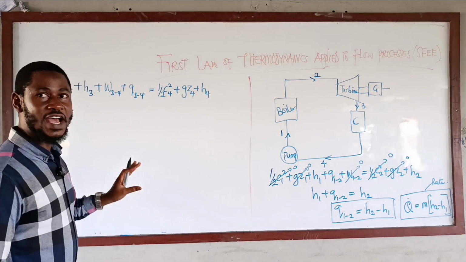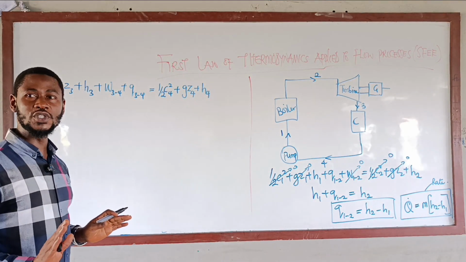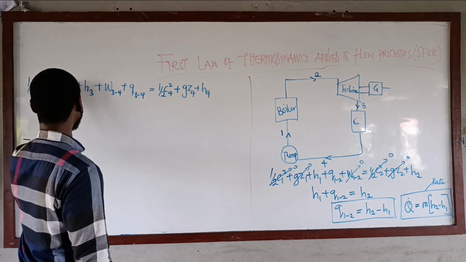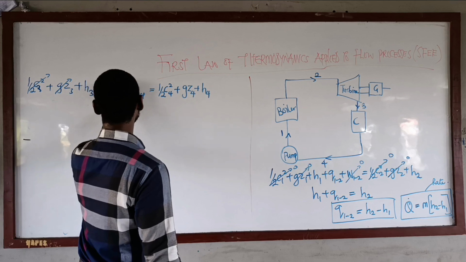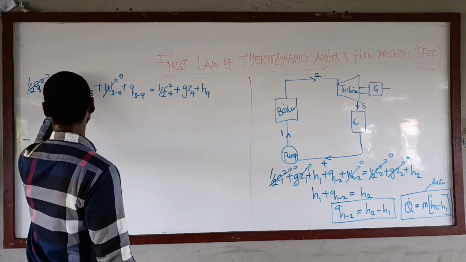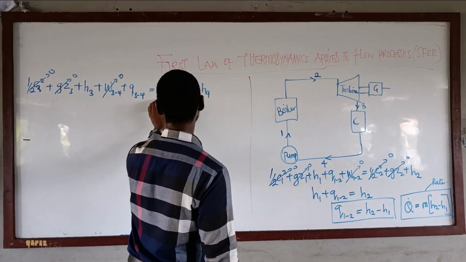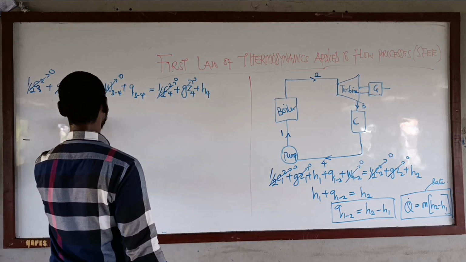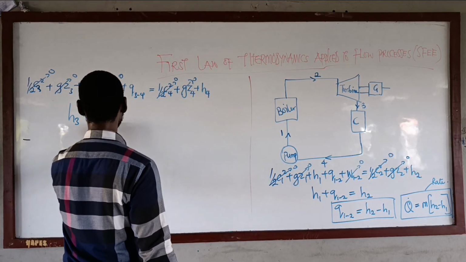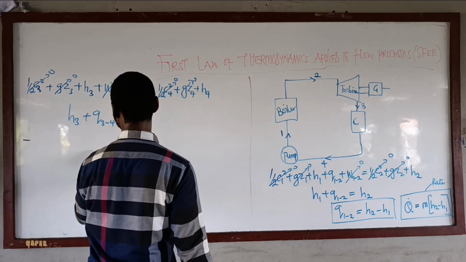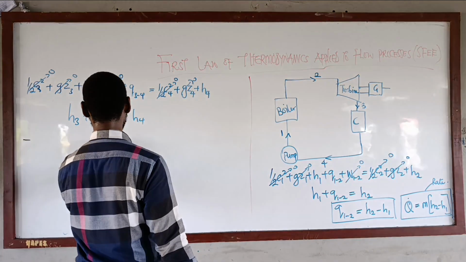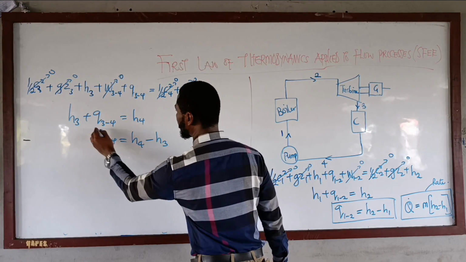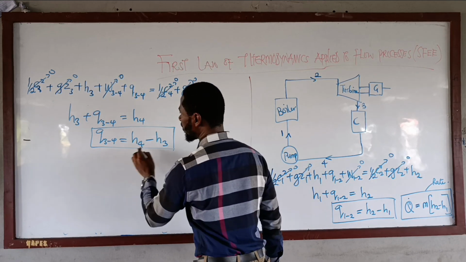This is the steady flow energy equation. Going by the assumption that we have said earlier, the kinetic energy, potential energy, and the work transfer are ignored in the equation. So what are we left with? We are left with H3 plus Q3 to 4 equals H4. So at this level, Q3 to 4 equals H4 minus H3. This is for the condenser.